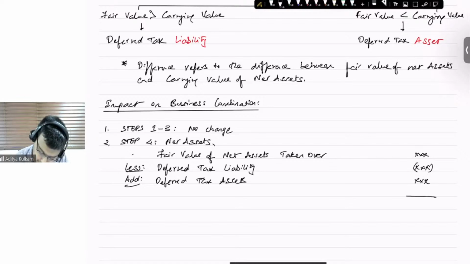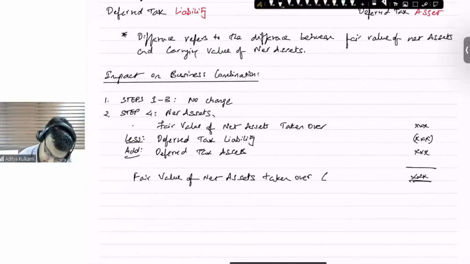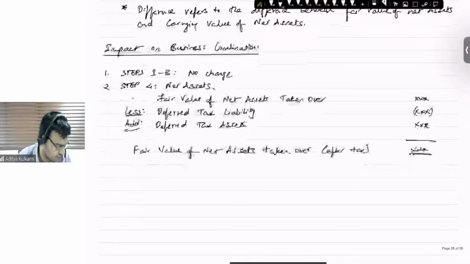Okay, so this changes your net assets. Fair value of net assets taken over after tax.